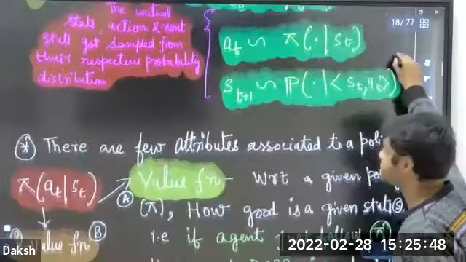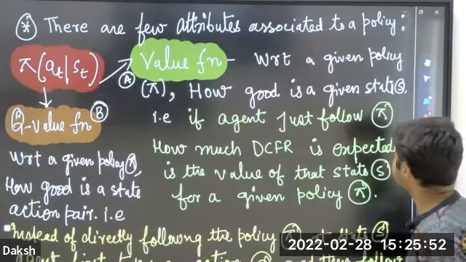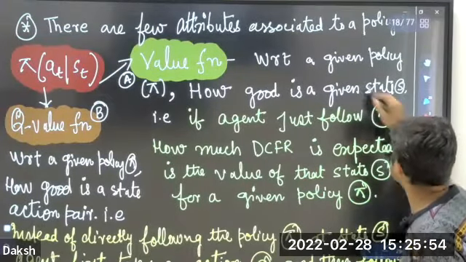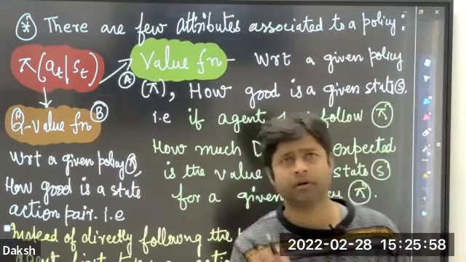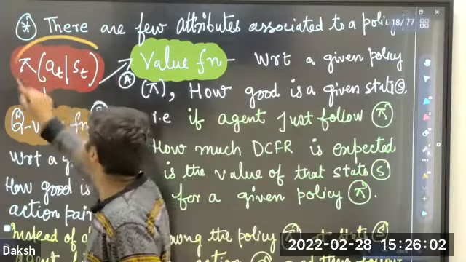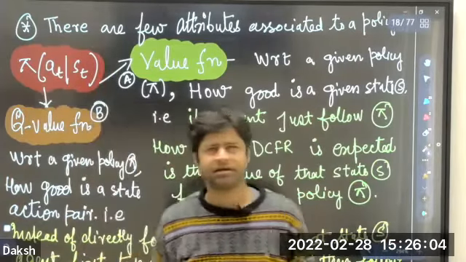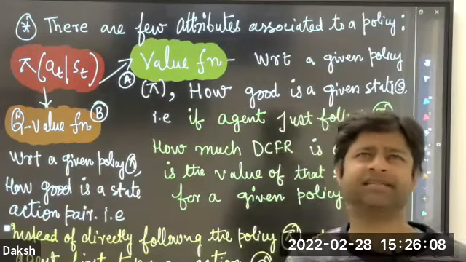Okay. So theoretically, this is the definition. There are a few attributes associated with such a policy. So if I give you a policy, what is a policy? Always remember, a policy is: given S_t, what is A_t?